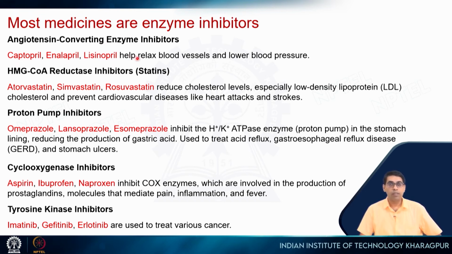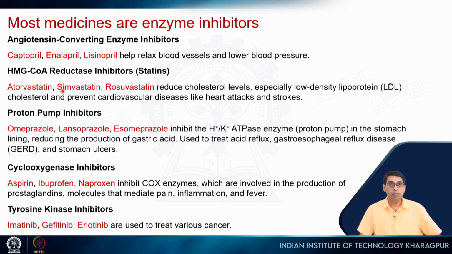These are medicines which help relax the blood vessels and lower blood pressure. You will see that many elderly people in your house take some of these medicines for reducing their blood pressure. Then there are statins which inhibit HMG-CoA reductase.